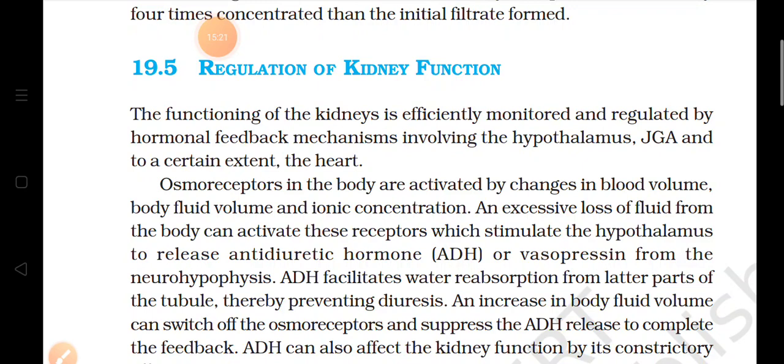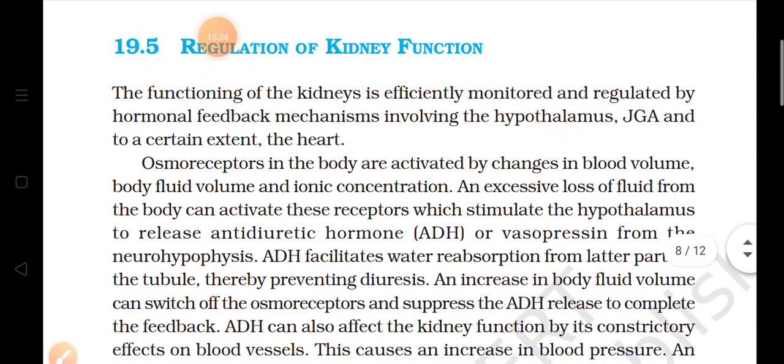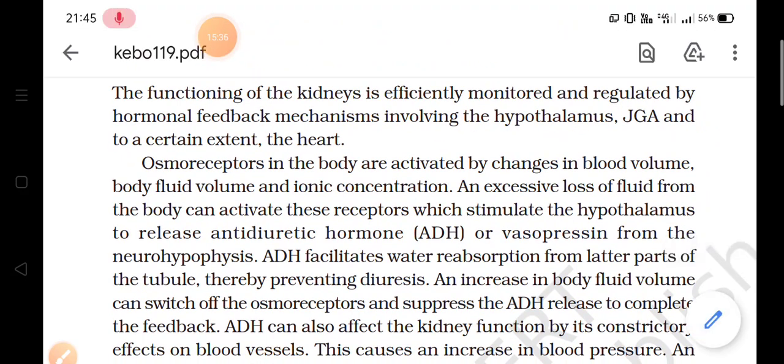Now, if excessive loss of fluid from the body happens, then what will happen? These receptors become activated, and in this way they stimulate the hypothalamus. It is a gland, so it will release a hormone, antidiuretic hormone known as ADH, which may be called vasopressin.